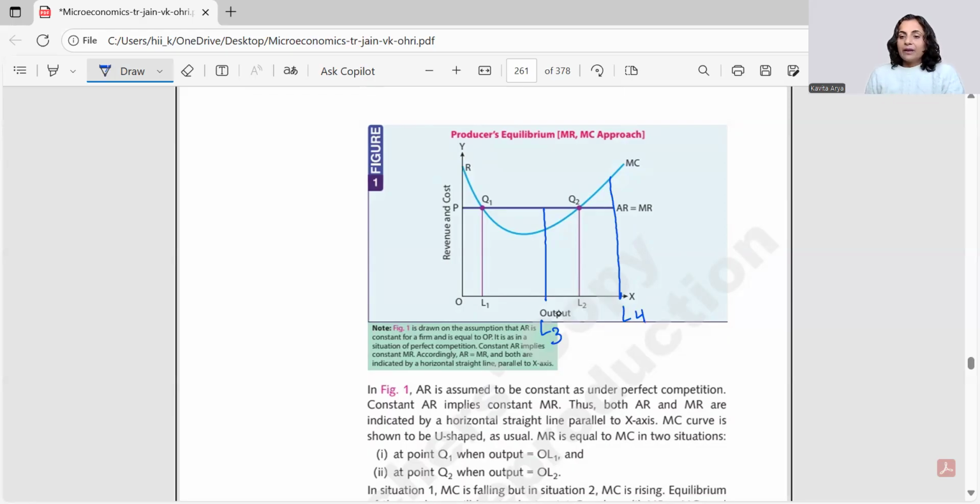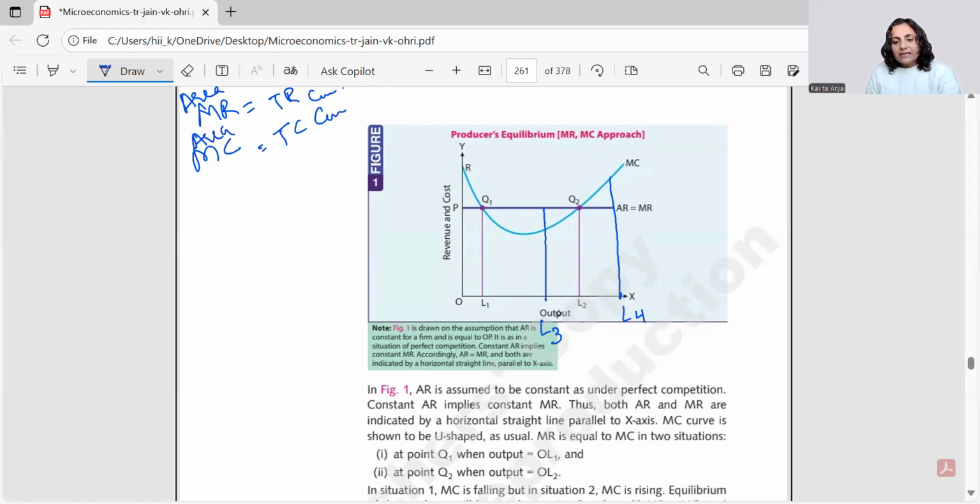Try and understand. We have already read that the area under the MR curve is TR, total revenue. The area under the MC curve is the TC curve. So this area is the TC curve and this is the TR curve. With this understanding, let's move ahead.